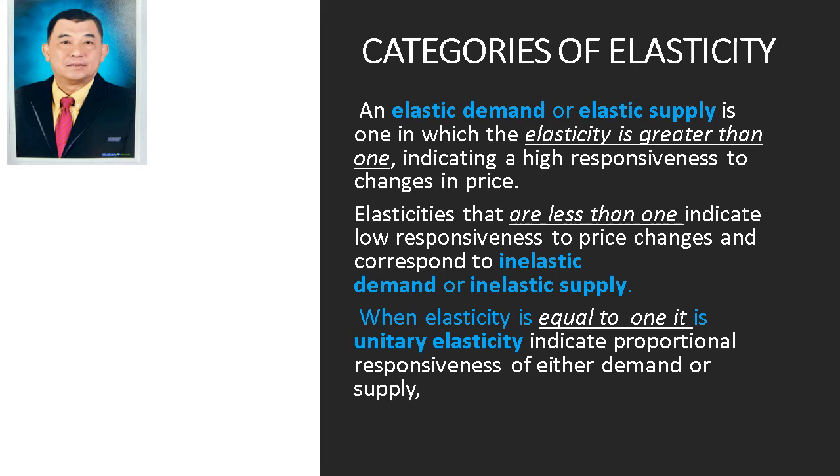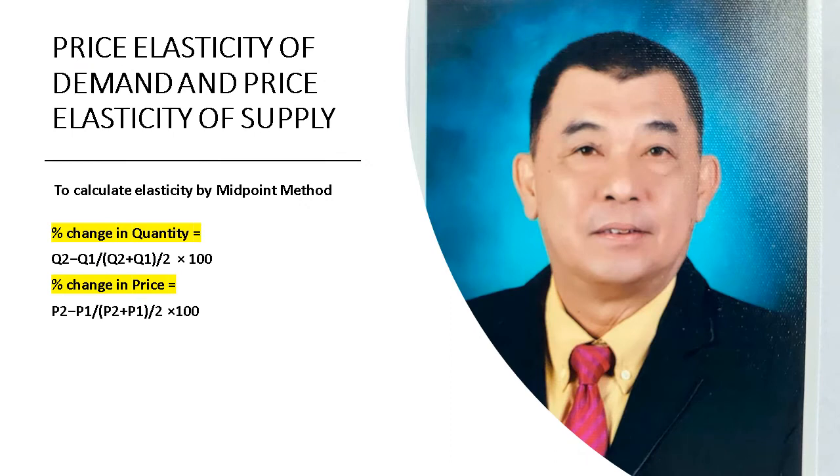So, again, let us try to get the formula. The formula that is used to calculate elasticity is the midpoint method. And what do you mean by midpoint method? The midpoint method uses the average percent change in both quantity and price.